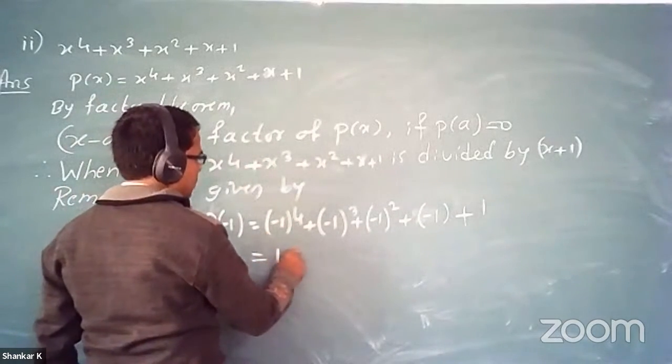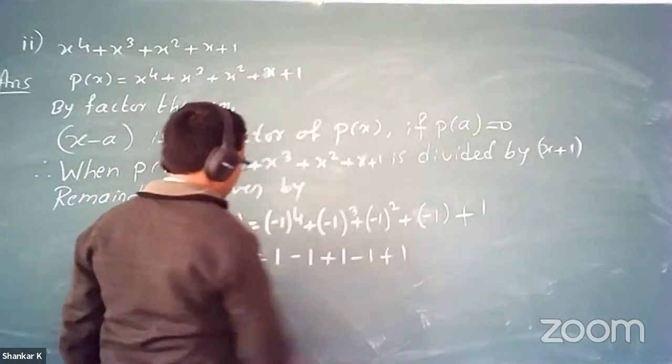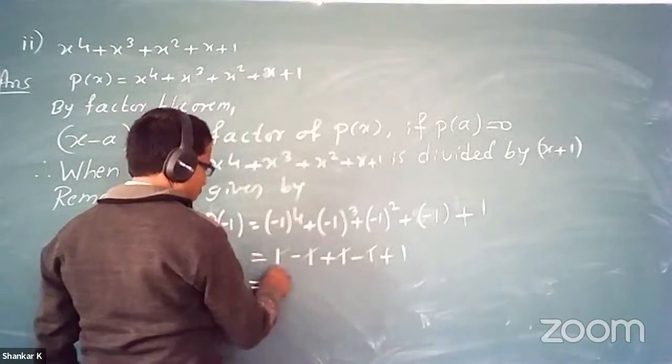Minus 1 raised to 4 becomes plus 1, minus 1 cube is minus 1, minus 1 square is plus 1, then minus 1 and plus 1. So this will cancel, this will cancel, and 1 will remain.